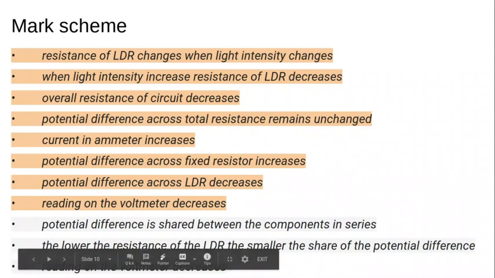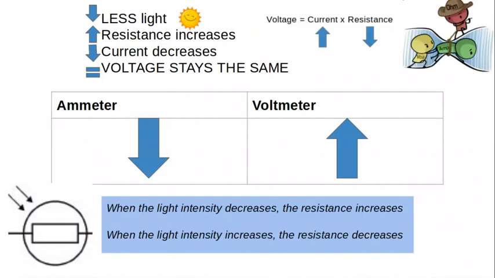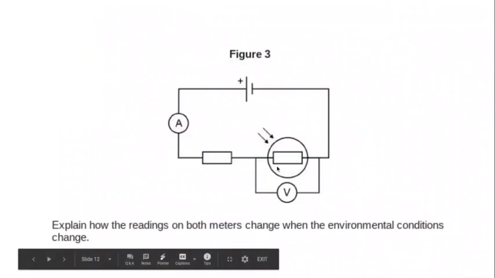So as you can see, it's quite a complex question, but when you break it down, it's not that complex. So let's talk through if the opposite were to happen. So if there was less light, the resistance would increase. This means that the current would decrease. And remember, voltage stays the same across the whole circuit. So if the resistance is increasing here, there's more resistance pushing back against the voltage.